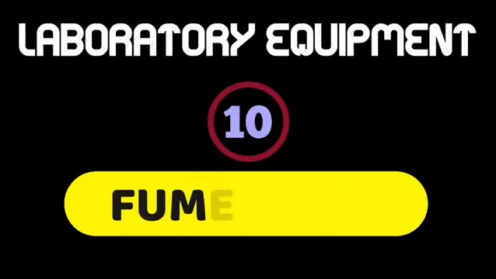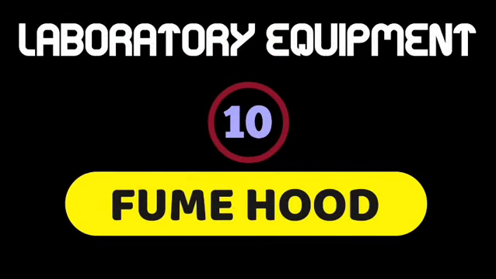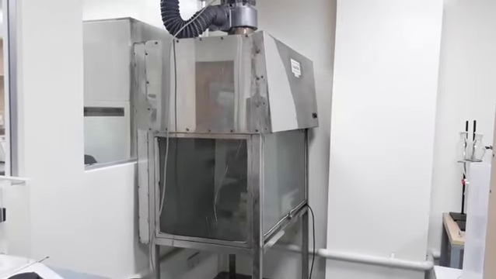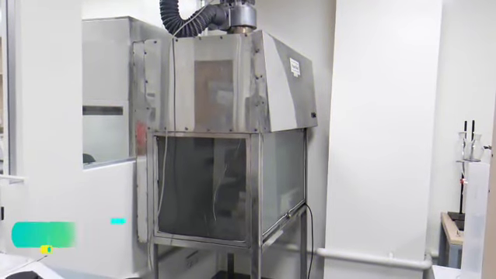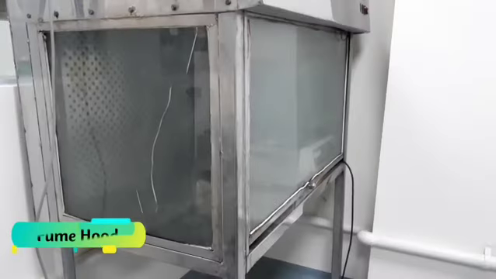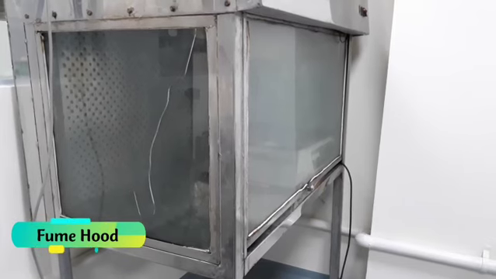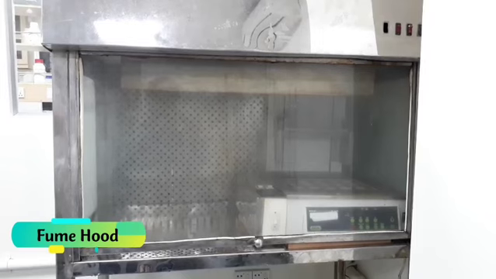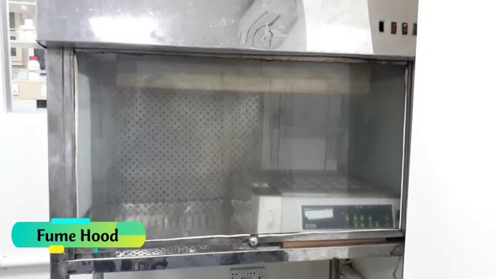The next laboratory equipment is the fume hood, a ventilated enclosure used in laboratories to safely carry out experiments involving hazardous or volatile chemicals. The working principle: the fume hood pulls air from the lab and expels it outside through a ventilation system, preventing harmful vapors, gases, or dust from spreading into the lab.